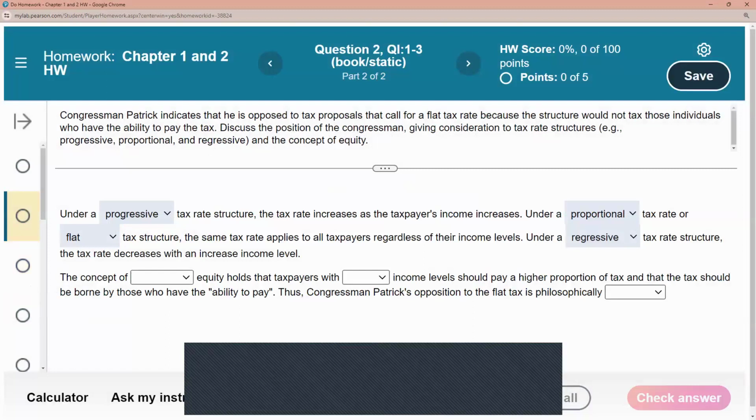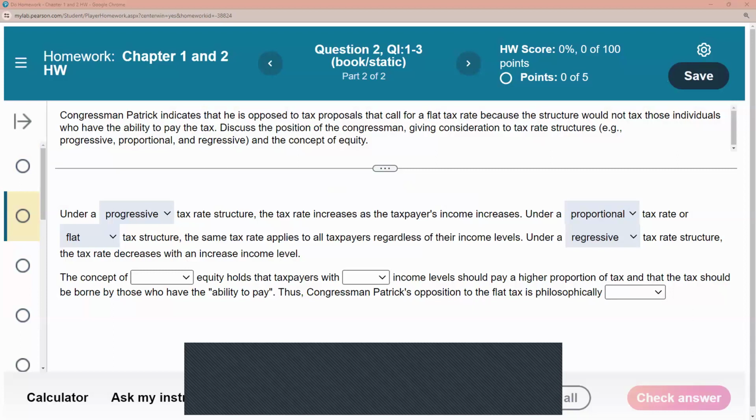So the next part of the question asks, the concept of blank equity holds that taxpayers with blank income levels should pay a higher proportion of tax, and that the tax should be borne by those who have the ability to pay. So based on this information, there's this concept of vertical equity.